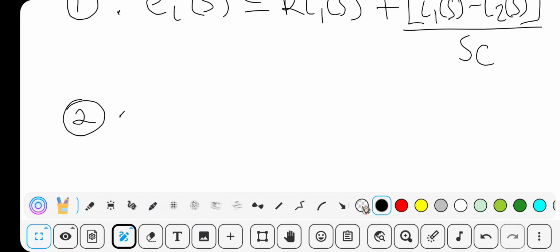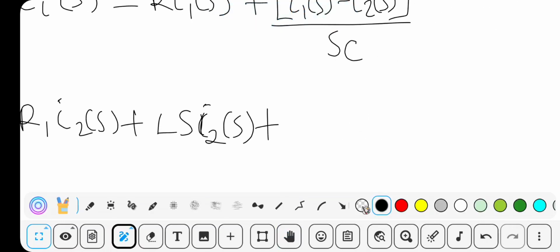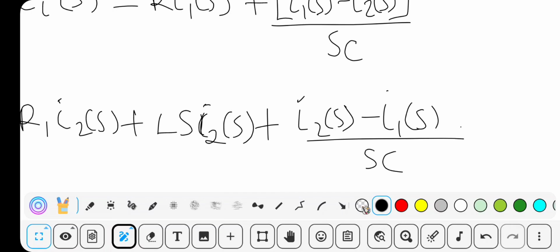Equation 2: I2 of S plus, substituting that value in place of I2 of 0, is what you get, plus minus I1 S SC is equal to 0.